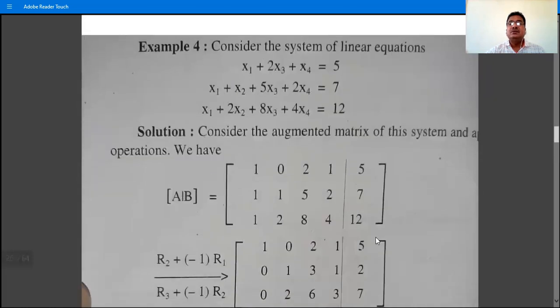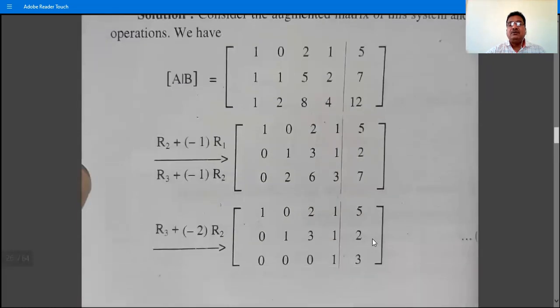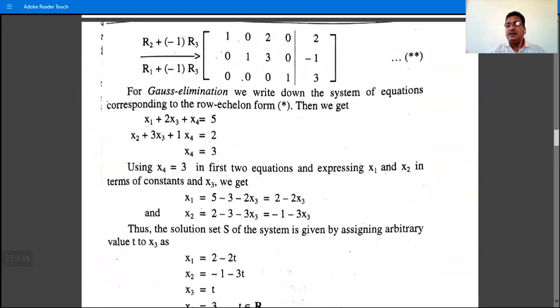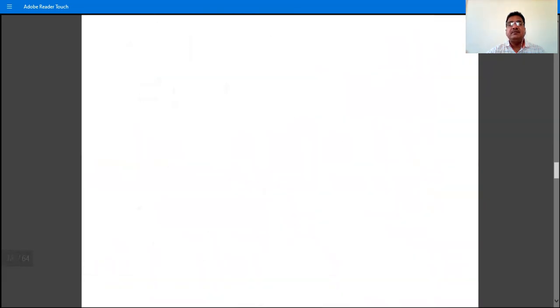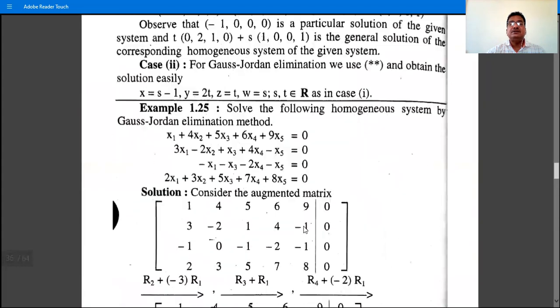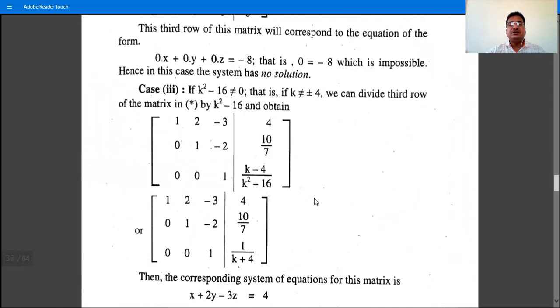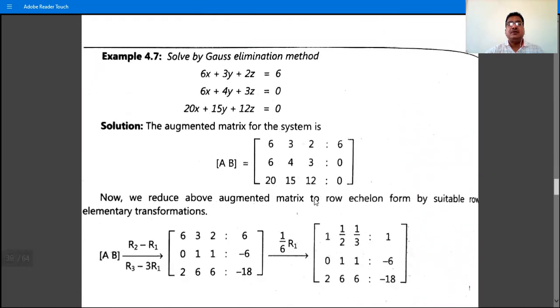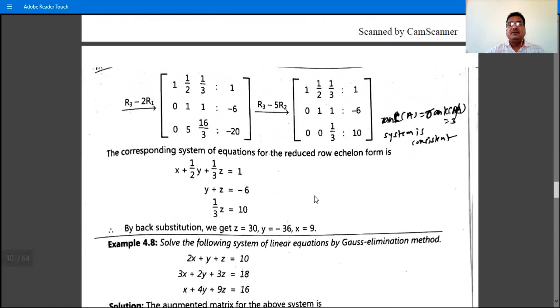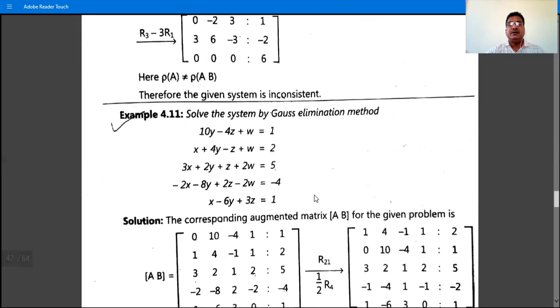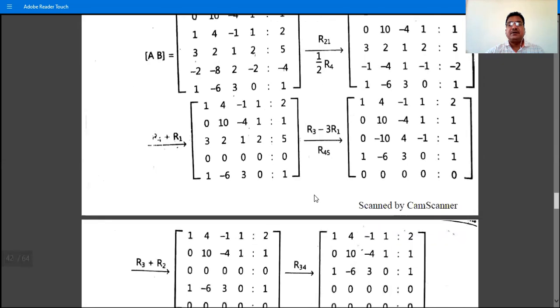Okay, so we have to solve examples by using Gauss elimination method and Gauss-Jordan elimination method. So here are some examples on these two methods. The question is straightforward: solve the system by using either Gauss elimination method or Gauss-Jordan elimination method.